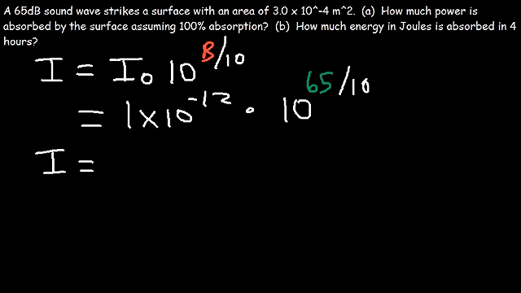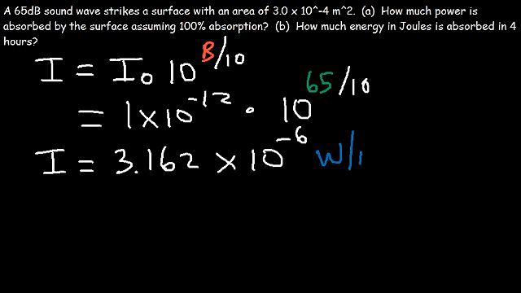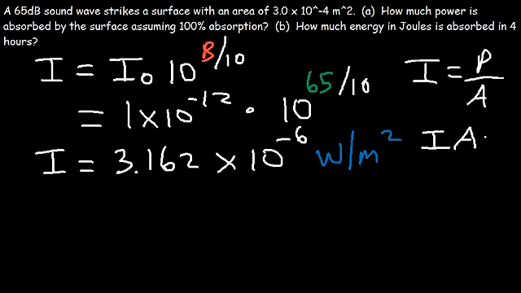So the intensity is 3.162 times 10 to the minus 6 watts per square meter. Now we know that intensity is equal to the power divided by the area. So intensity times area is equal to the power measured in watts.